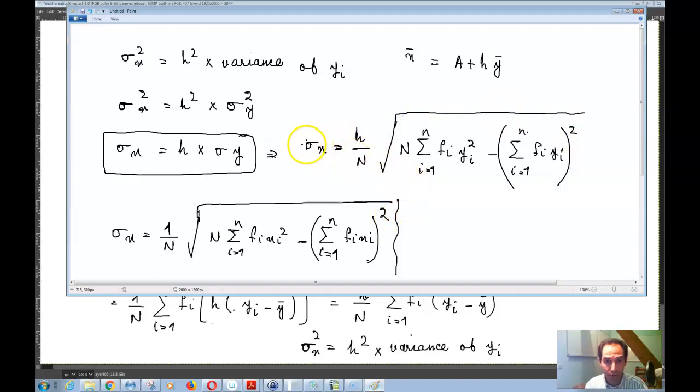And that's basically the variance of the variable x. So the variance of the variable x is h divided by n times this whole thing.